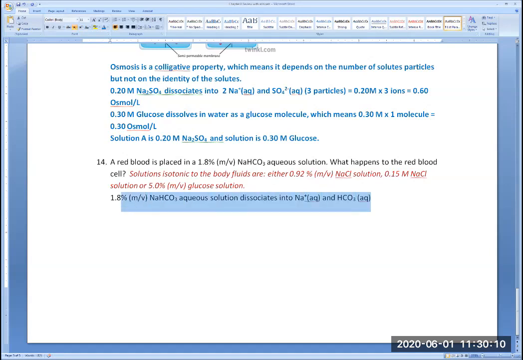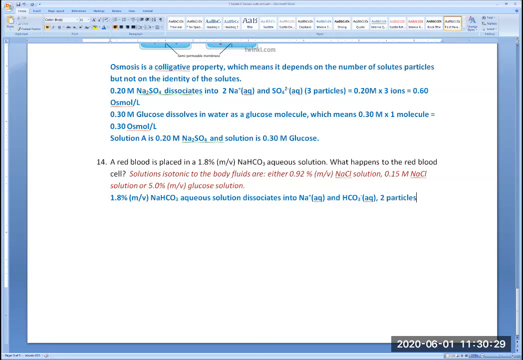So NaHCO3 dissociates into Na plus and HCO3 minus. 2 particles, right? 2 particles per formula.